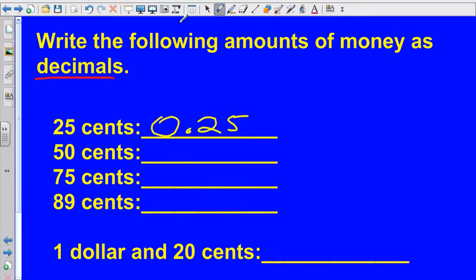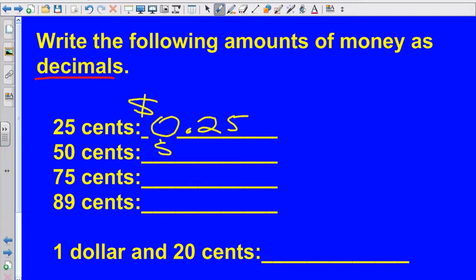And then you have to put the dollar sign. What's missing? The dollar sign in front. You have to have the dollar sign here because that tells you you're dealing with money. It is the unit, just like meters or kilograms. That's the dollar sign.